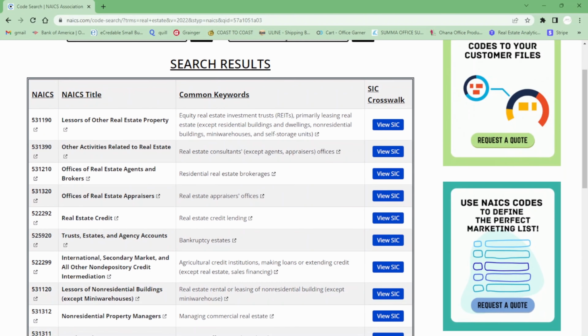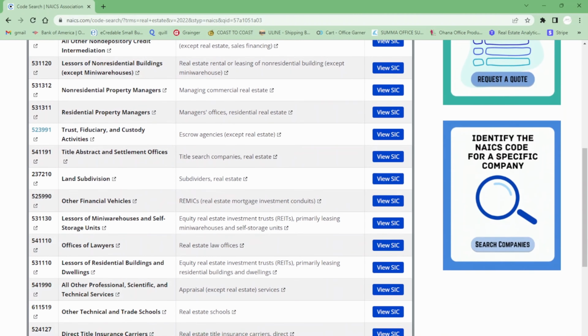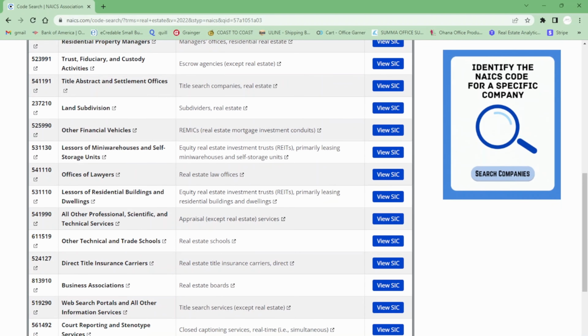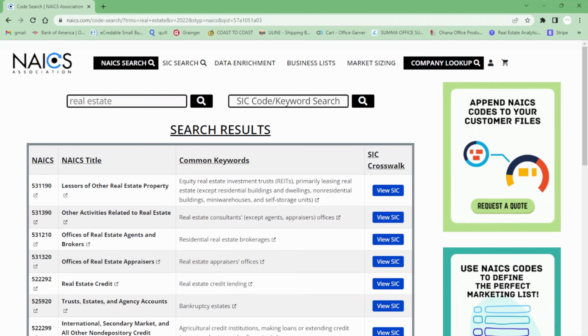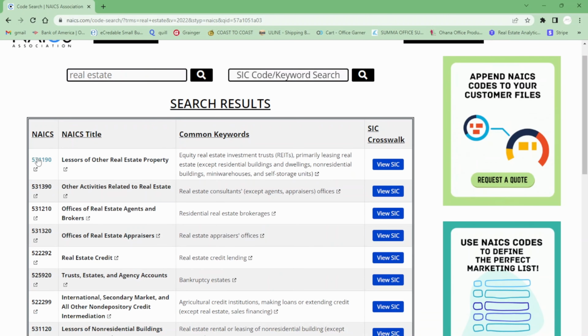Right here is a whole list of NAICS codes that apply to different real estate businesses. I know a lot of people have been asking me about the real estate code, and a lot of the codes start with 53. That's how you know most likely it's going to be real estate.